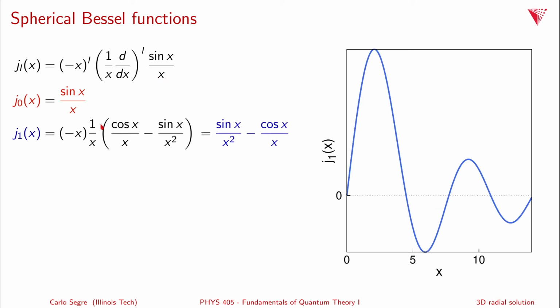If I then carry this 1 over x over, I'm going to get a minus sign multiplying everything. So we now have sine x over x squared minus cosine x over x, and that looks like this. Now this function goes to 0 at the origin, and it oscillates.